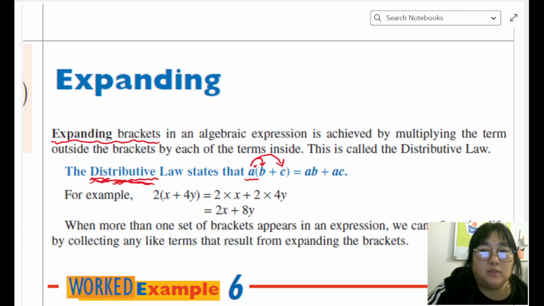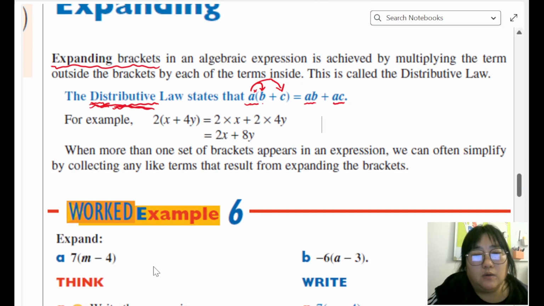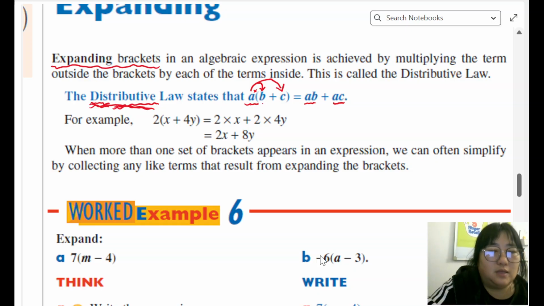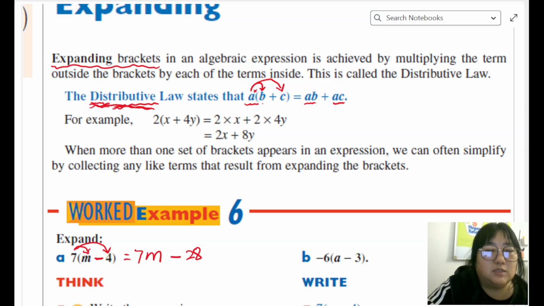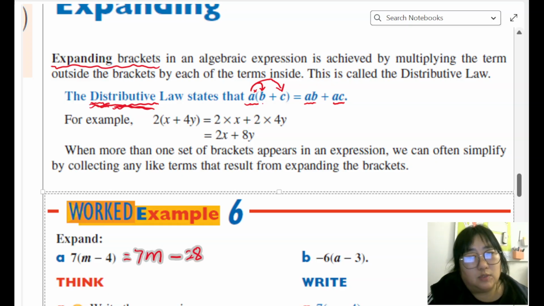So we can share A to B, so A times B and A times C. For expanding the bracket, we can also use these two examples to have a look. The 7 shares to m, so I get 7m. And 7 shares to 4 is 7 times 4, that's 28. Then what's the sign in the middle? It will be negative, so I just copy the negative symbol down. So the result will be 7m take 28.